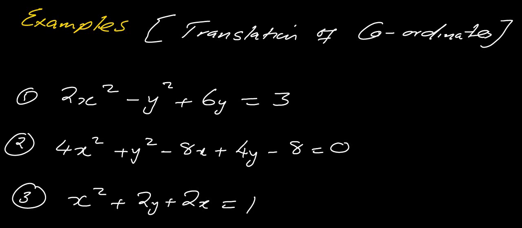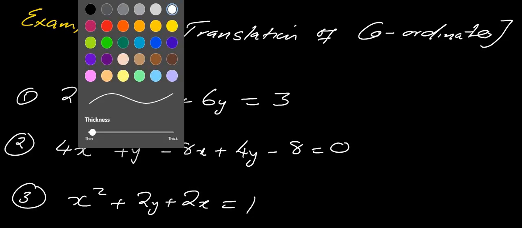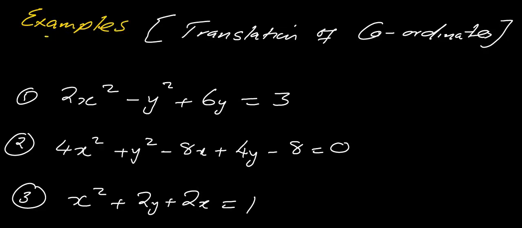Okay, so for the first one, we want to translate this so that we can get the conic section. Now, what's your A according to our standard general equation, the one I just gave you on the discriminant?